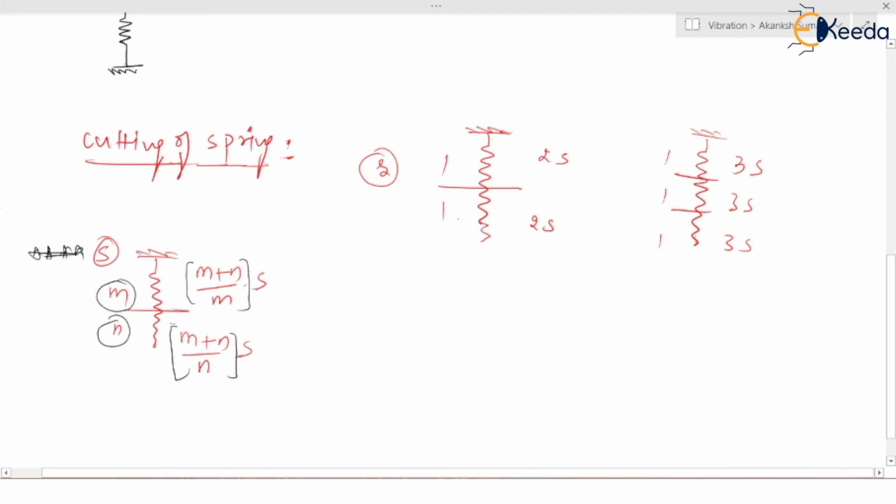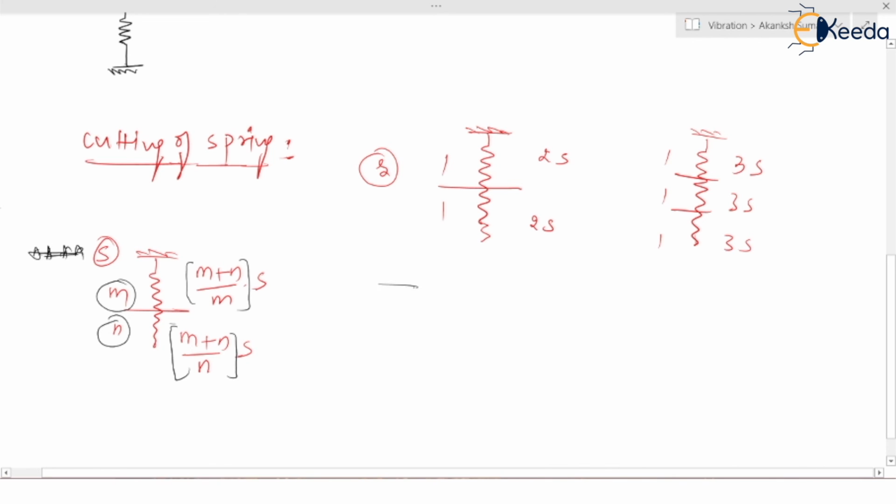If you apply this formula to the above two cases, you will get the same values. We cut in 1:1 ratio, so putting 1 and 1 in these equations you get 2s and 2s. Similarly, you can get 3s. This is the general procedure for calculating when the spring is cut into pieces.